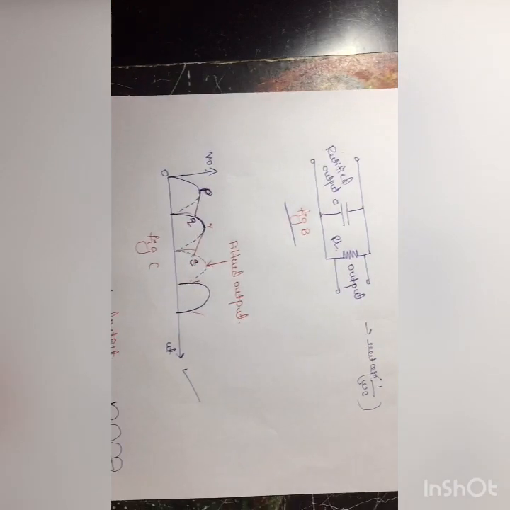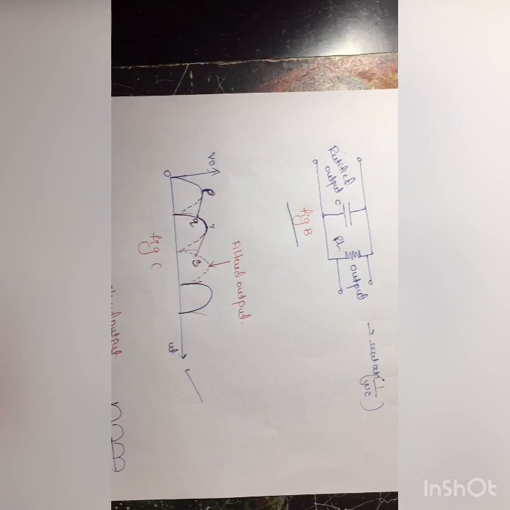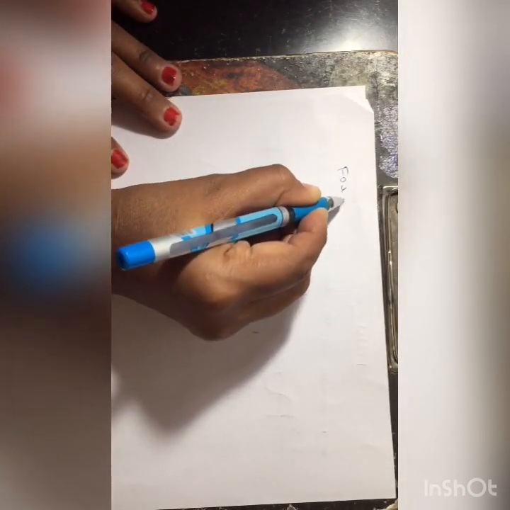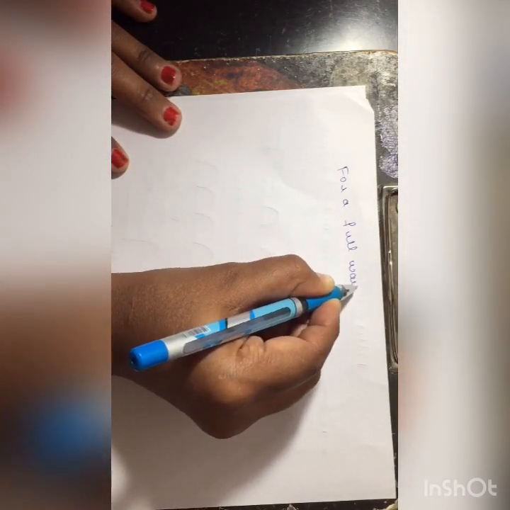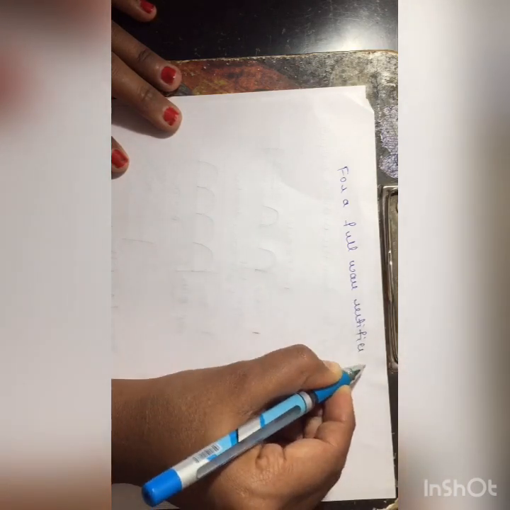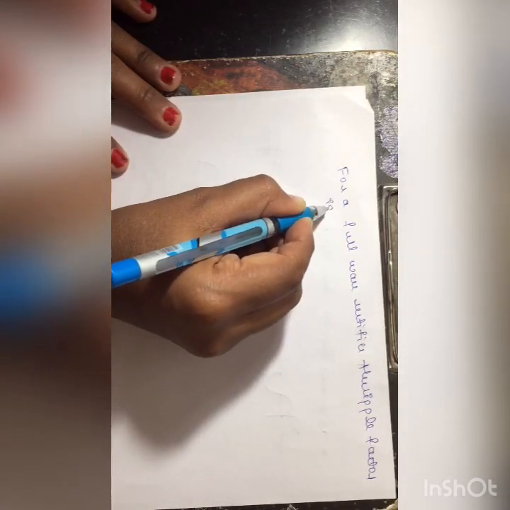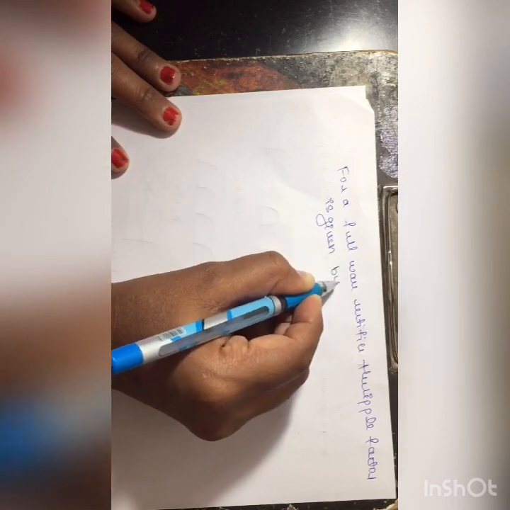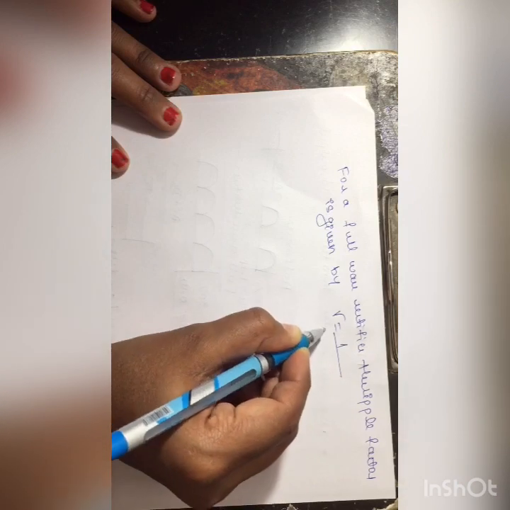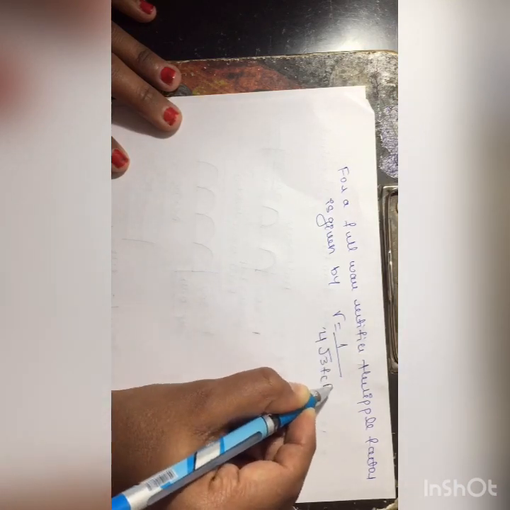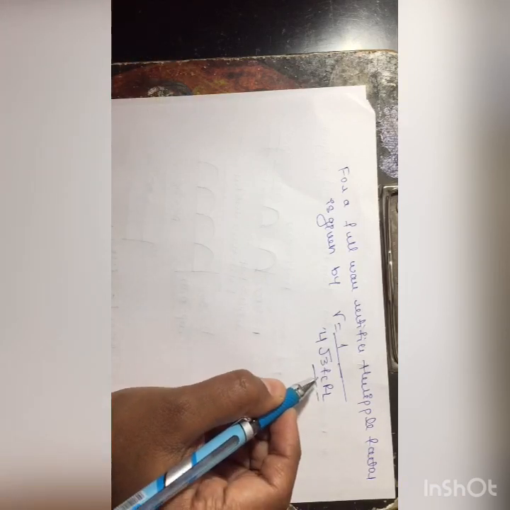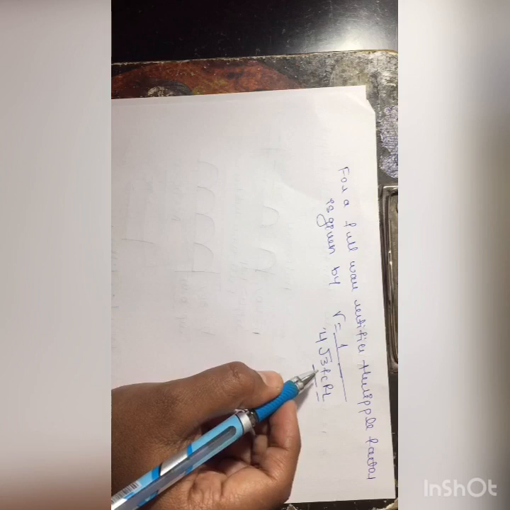For a full wave rectifier with the filter, the ripple factor is given by ripple factor equal to 1 divided by 4 root 3 F C R_L, where F is the supply voltage frequency.